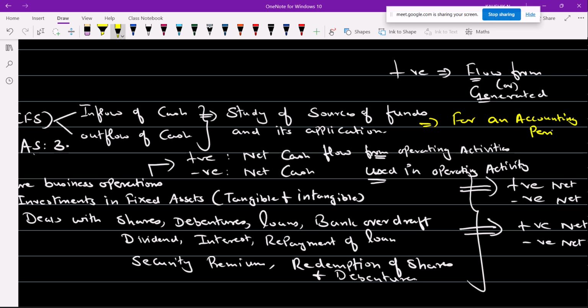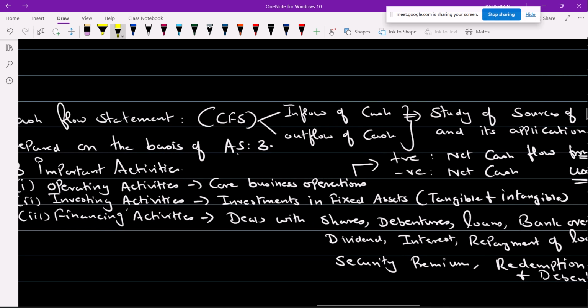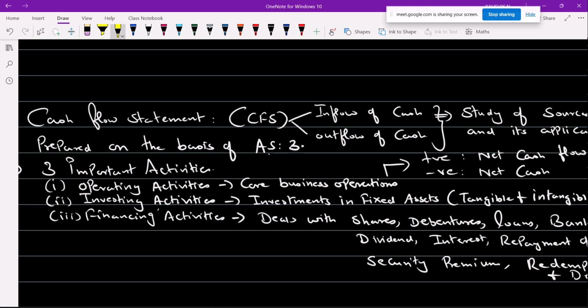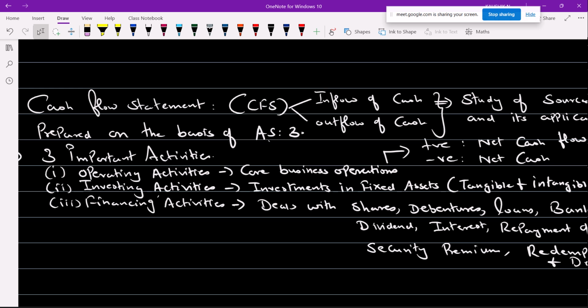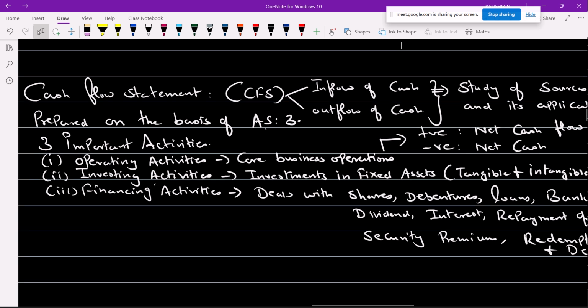It consists of three important activities, namely operating, investing, and financing activity, and is prepared based on accounting standard AS 3.